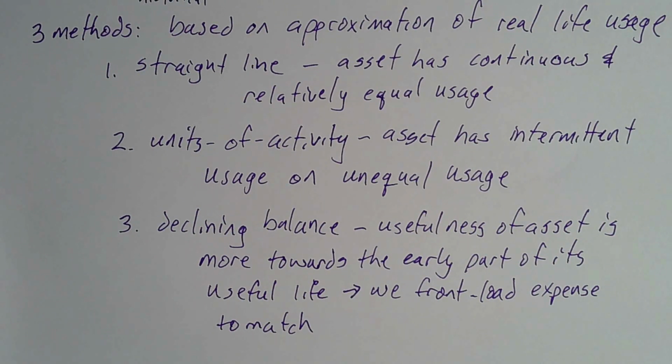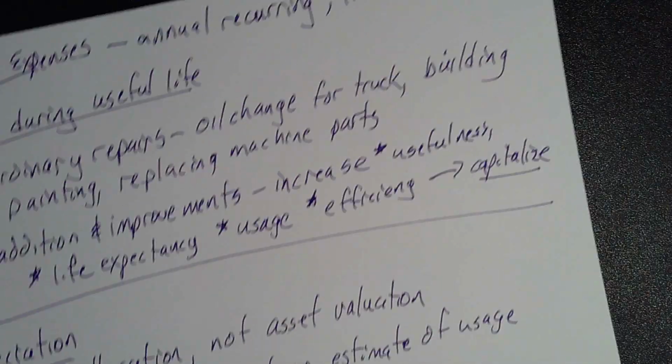So there are various types of assets that are front loaded, where we get the majority of the usefulness in the beginning. Okay, so we now have a definition of what goes into the actual value of the assets, and we have 3 definitions of methods. So let's go ahead and work through an example of each of these 3 different methods.